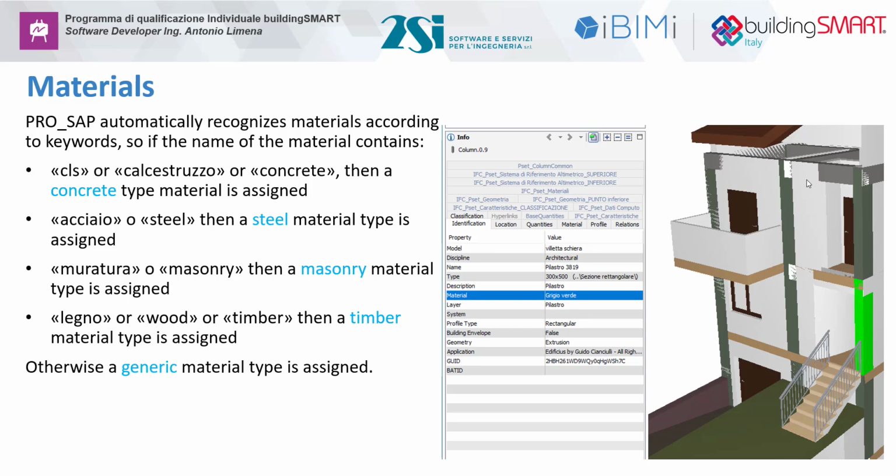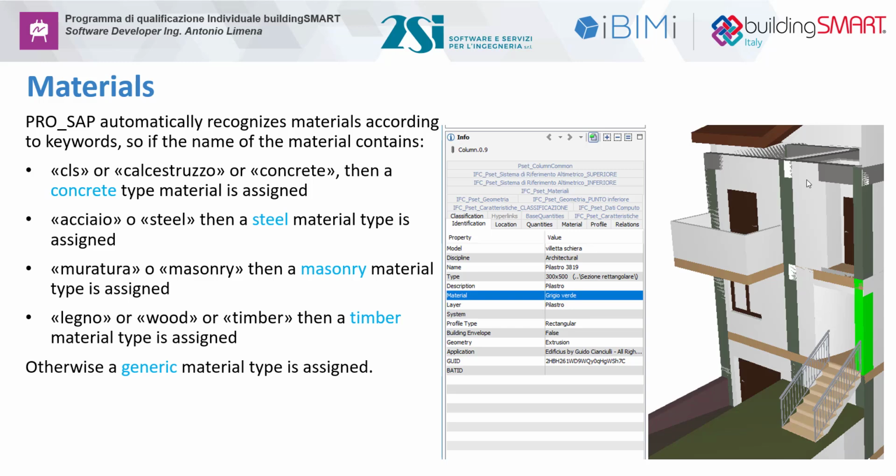Basically, ProSAP automatically recognizes materials according to two keywords. So if the name of the material contains CLS, that is just an abbreviation for calcestruzzo in Italian, or concrete, then it automatically assigns a generic concrete type material to the element. So basically it takes the first concrete material in the archive and assigns it to the element.